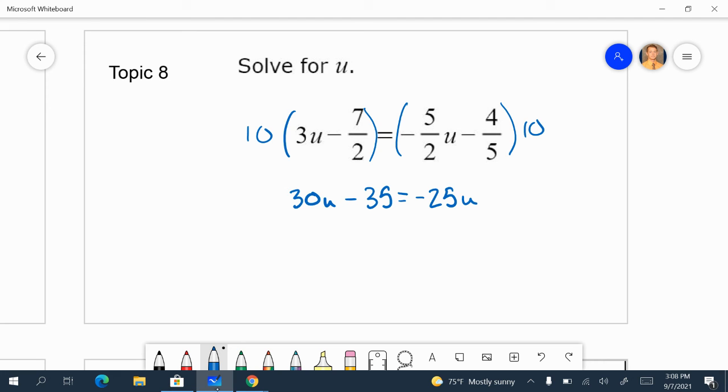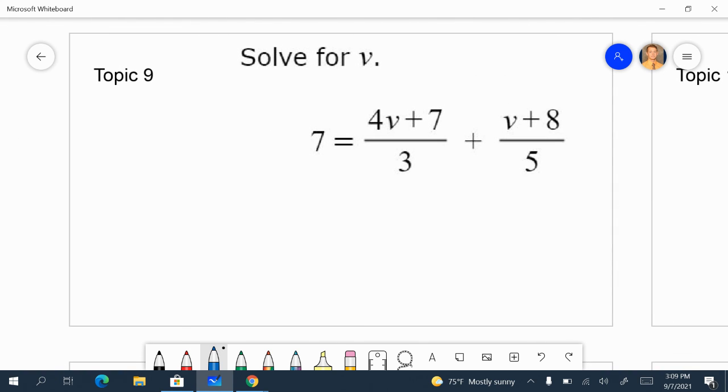And then negative 4 over 5 times 10 would be a negative 40 over 5, which would make a negative 8. And at this point, I'm going to be done with this problem as well, because now you're just combining like terms, adding and subtracting things over, and solving for u.